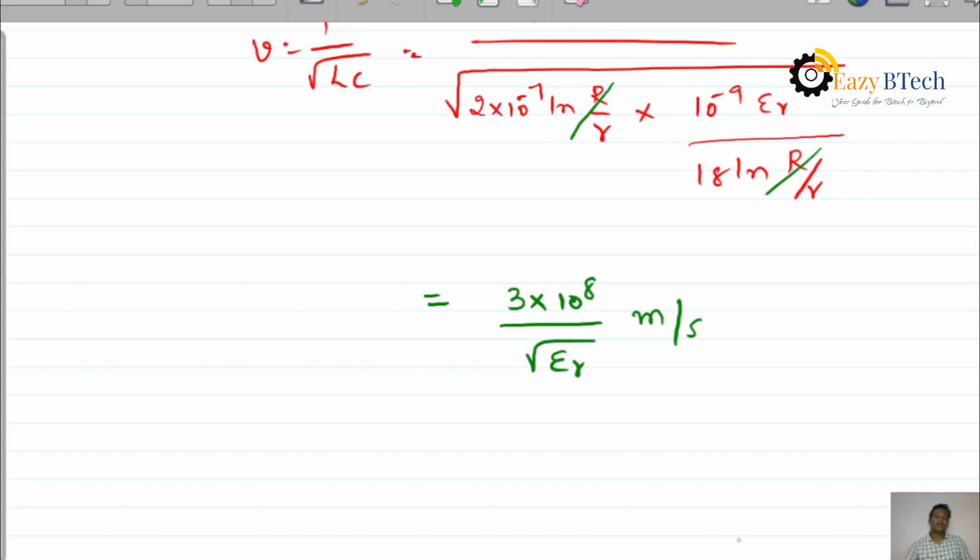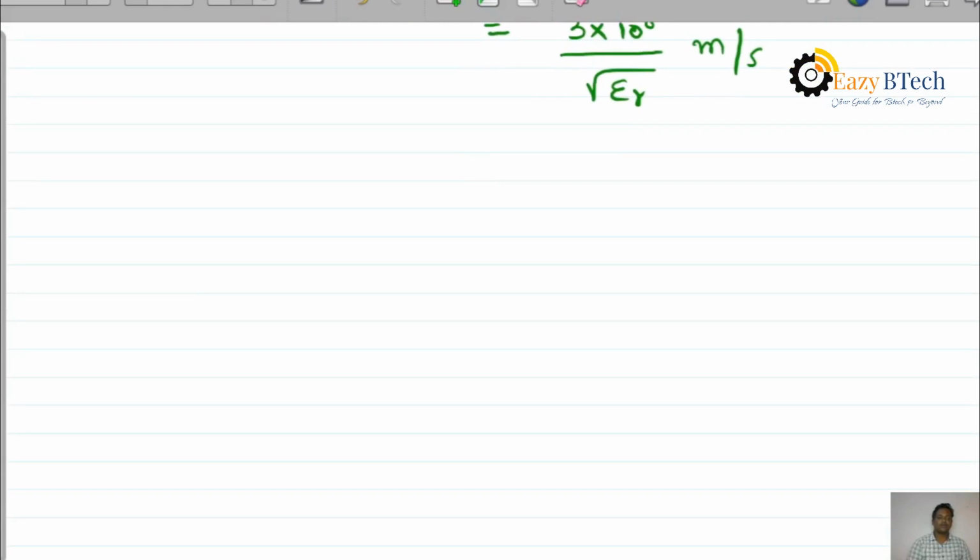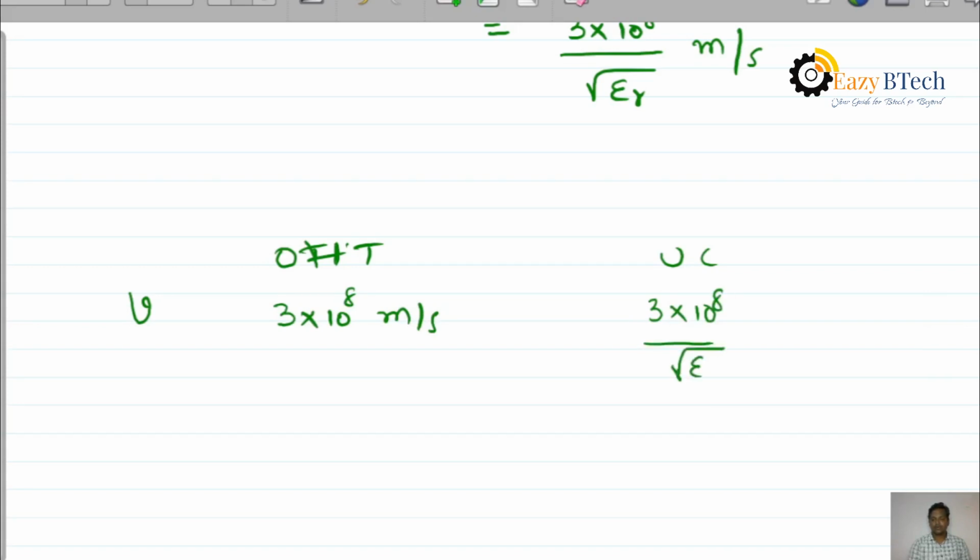Next, we will compare the velocity of the wave in an overhead transmission line and underground cables. In overhead transmission line, it equals 3 into 10 power 8 meters per second. In underground cables, it is 3 into 10 power 8 divided by root epsilon r meters per second.